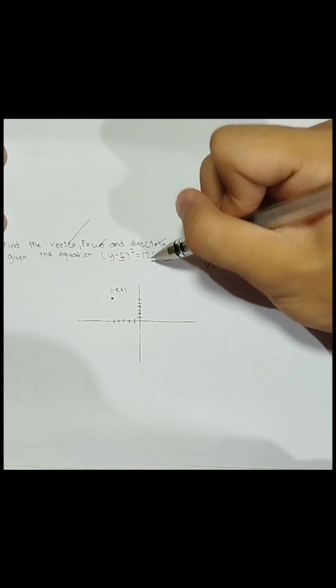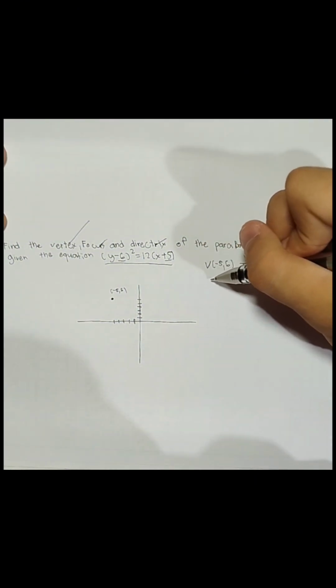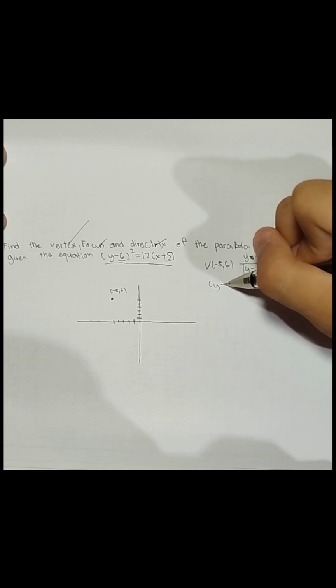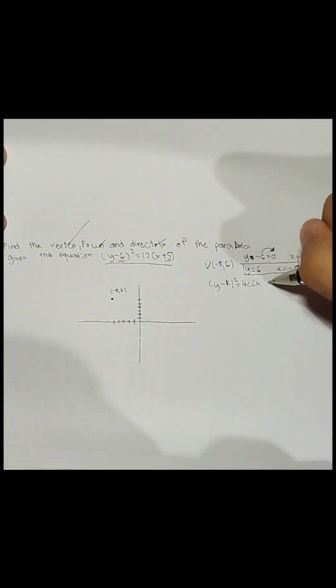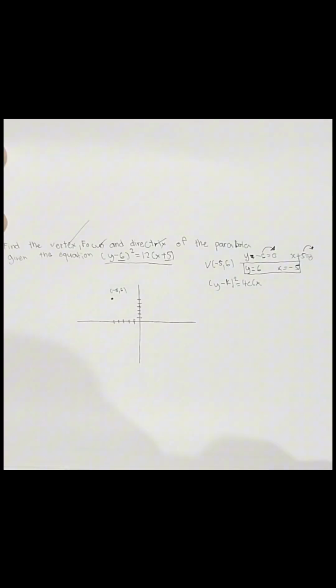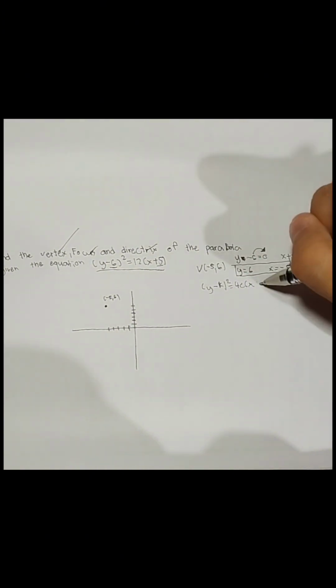So remember that the equation for this is (y minus k) squared is equal to 4c (x minus h). Oh no, h. My bad.